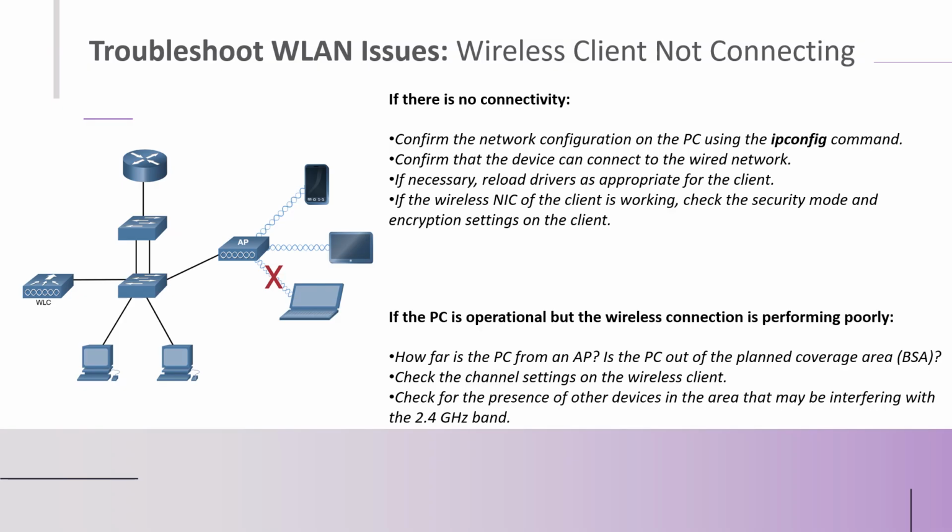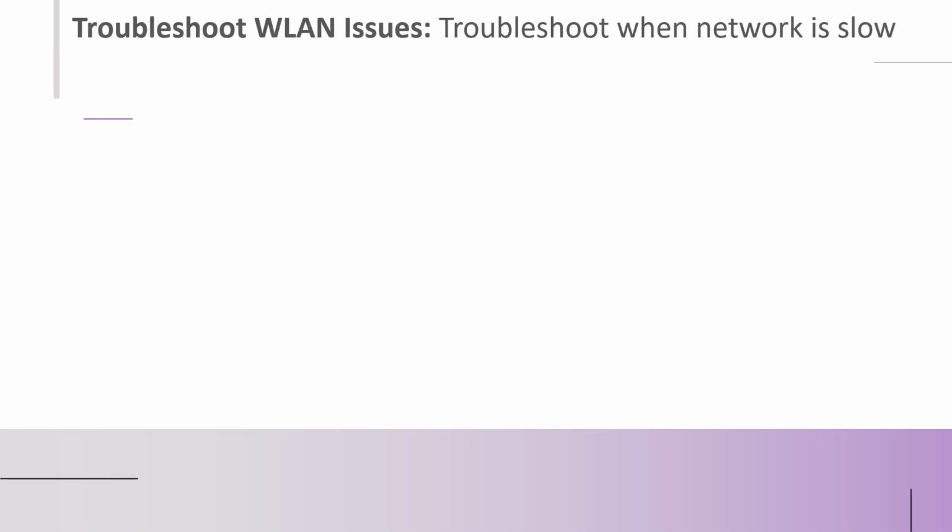So let's see how we can troubleshoot a network when it is running slow. To optimize and increase the bandwidth of the 802.11 dual band routers and access points, we can upgrade the wireless client.